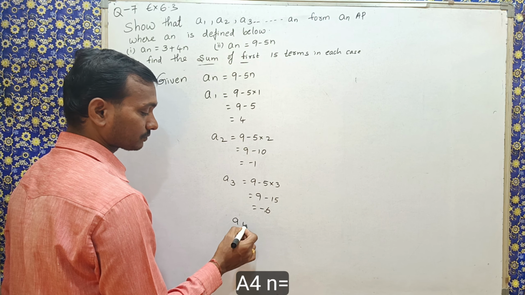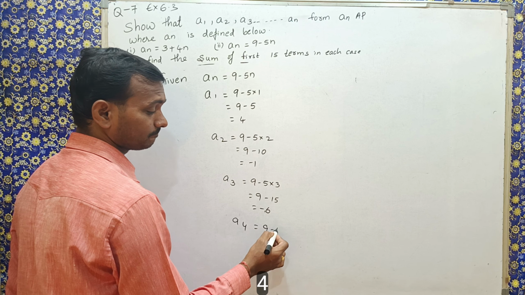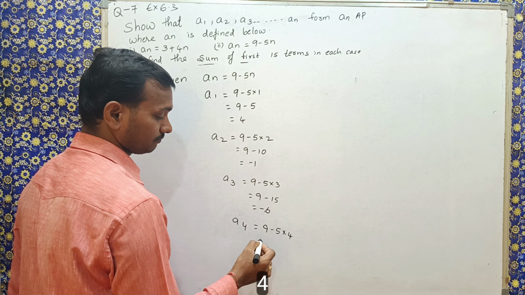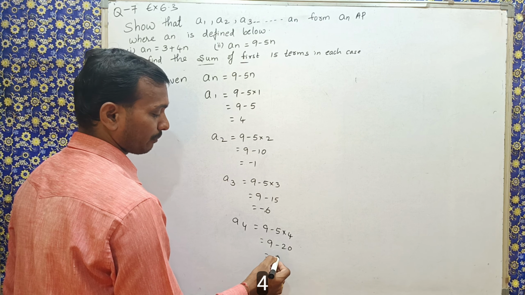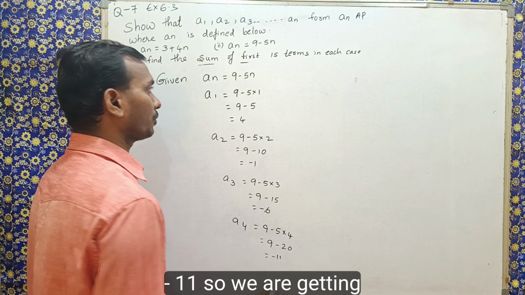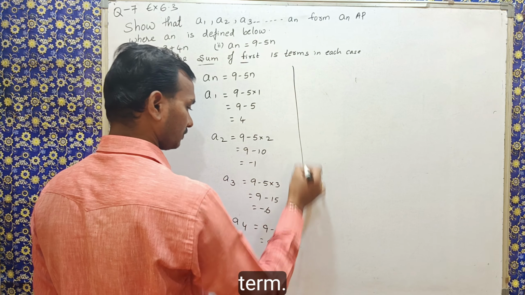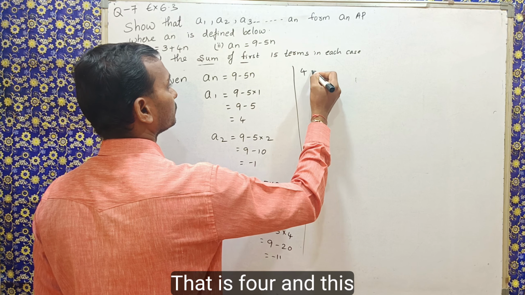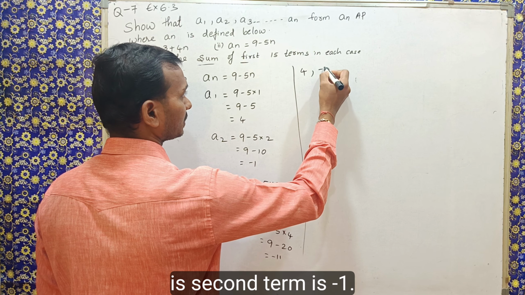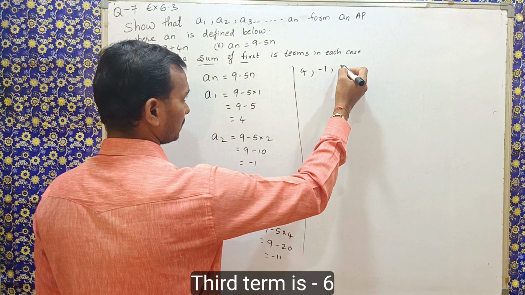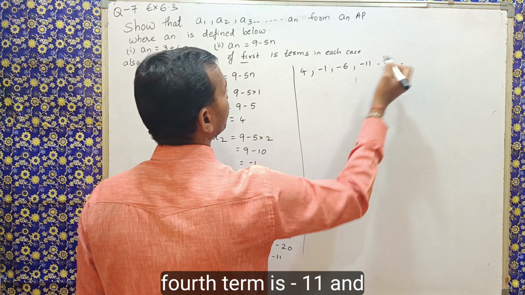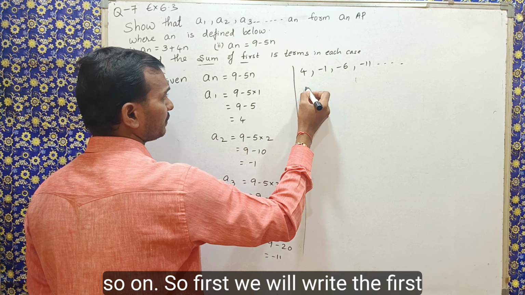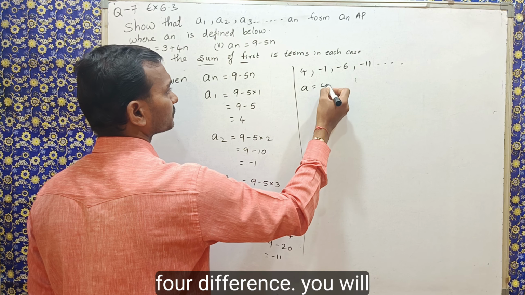Similarly, a4, n is equal to 4, minus 11. So we are getting the first term, that is 4. And the second term is minus 1. Third term is minus 6. Fourth term is minus 11. And so on.